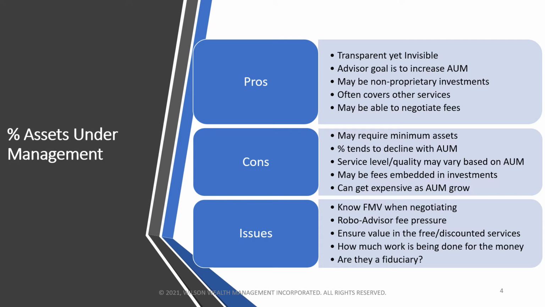I like percent asset under management. I'm not a big fan of commissions, but I don't mind this model. But one of the negatives is usually that there's a minimum asset requirement. So that's a consideration. If you've got 100,000 or 400,000, you may not be able to get this service.